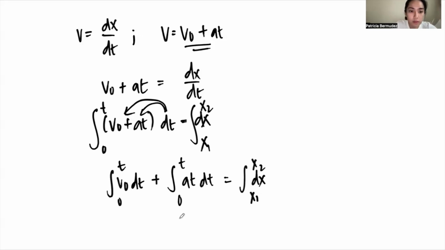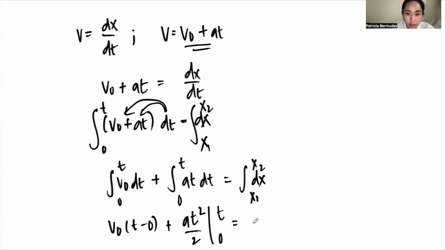And this will simply become v naught t minus 0 plus the integral of t, which is actually t squared over 2. So it'll be a t squared over 2 bound from 0 to t. And that is equal to x2 minus x1.